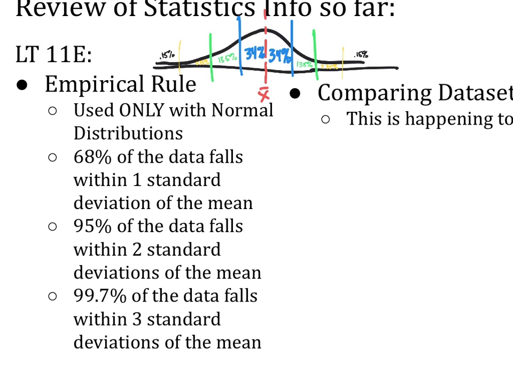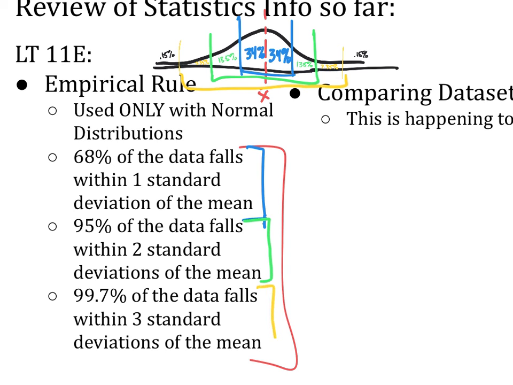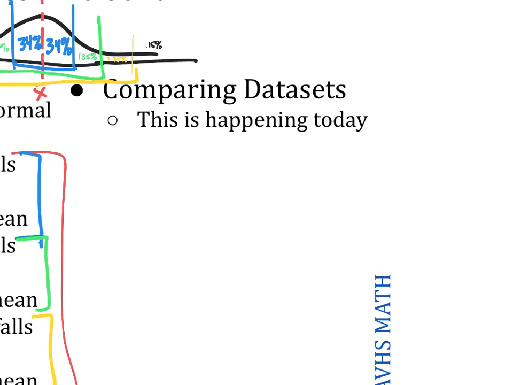The empirical rule is usually written this way with 68, 95, 99.7, but that's really what these numbers all add up to. So this is that section, this is this section, and then this is this section. So we can see that we should have most of the data in all of those sections, you know, how it looks. The last part we got to do is comparing data sets, and that's the part that we're going to talk about today.